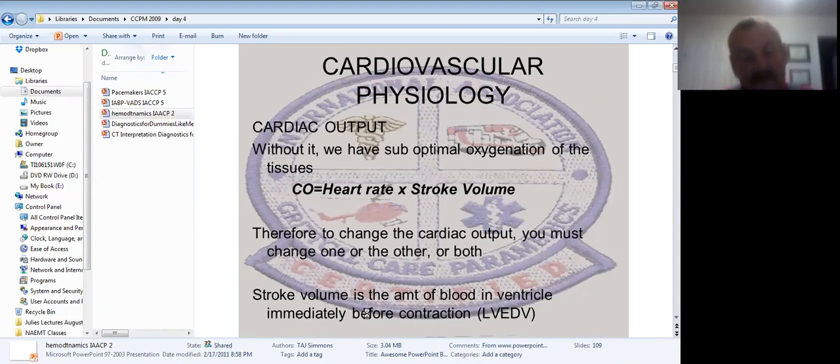Now, whenever you do advanced cardiology, it just drives you crazy because everybody has all of these abbreviations and medical jargon to throw at you. But stroke volume and left ventricular end-diastolic volume are in fact the same term. So if you see LVEDV, they're talking about stroke volume, okay? That's kind of what they're getting at.